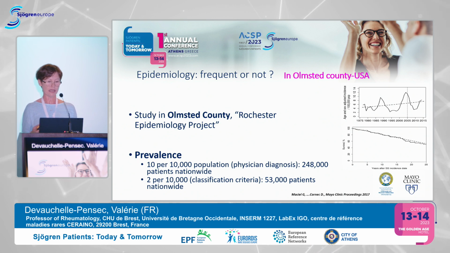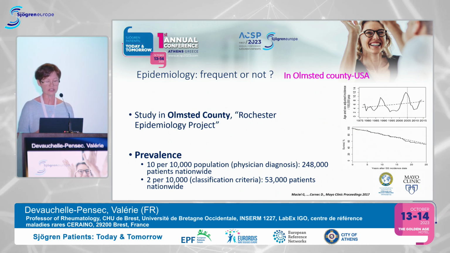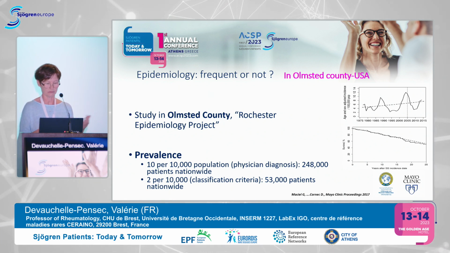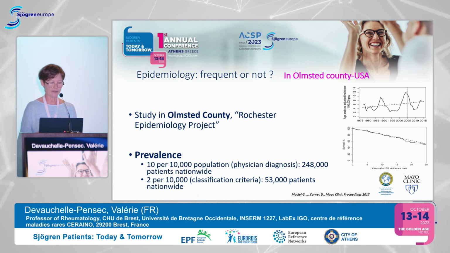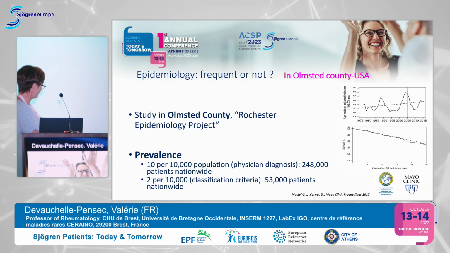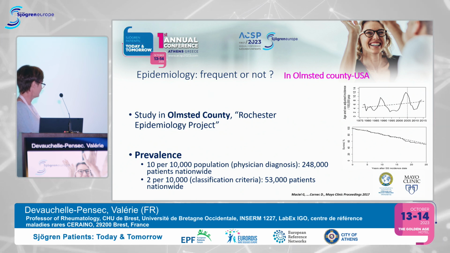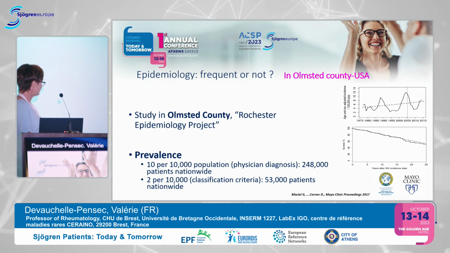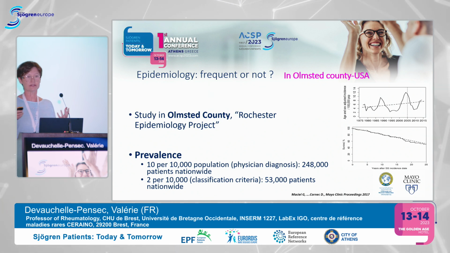For example, we had some results for epidemiology in the USA, in Rochester county. A study was performed 5 years ago, and they found a prevalence of 10 per 10,000. So it's not a rare disease. And it was done using a survey.